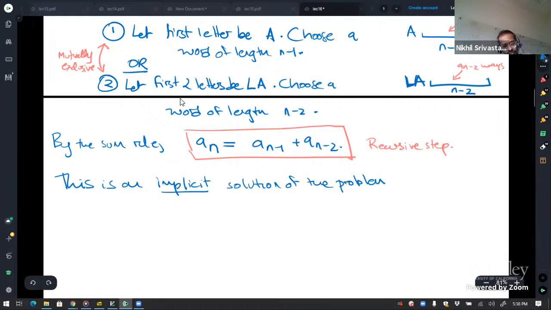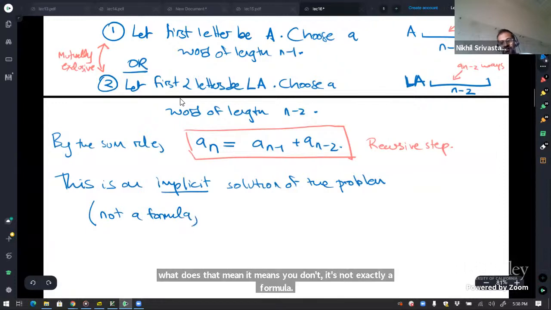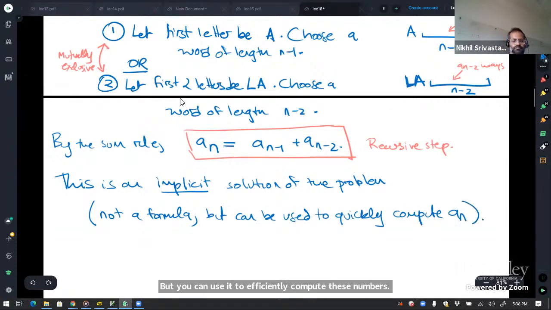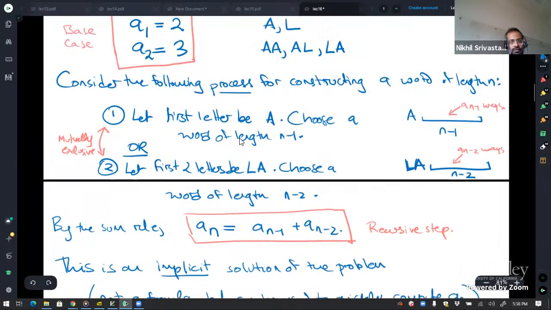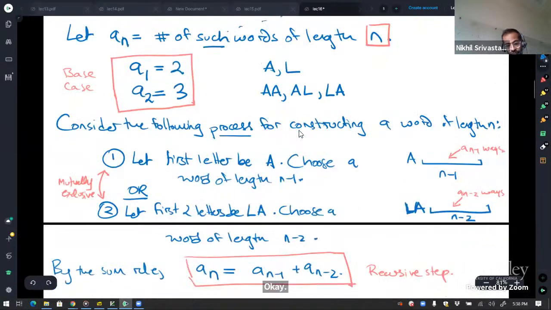So what does that mean? It means it's not exactly a formula, but you can use it to efficiently compute these numbers. Okay. So this is one form of a solution to this problem.